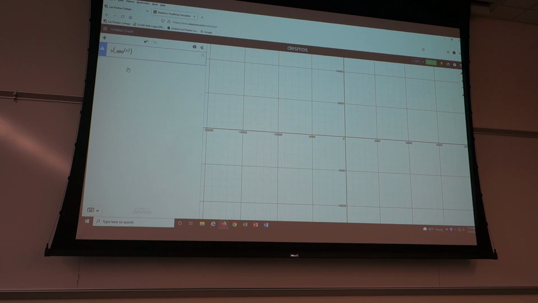Or if I make it lower than 1, like 0.999, it'll do the same sort of thing, but the other way, because it's decreasing. If it's less than 1, that means it's decreasing a little bit each time.